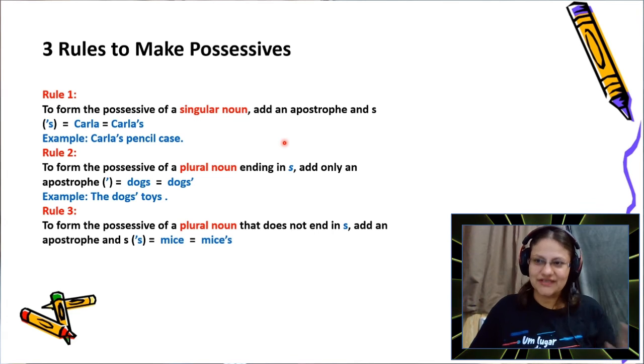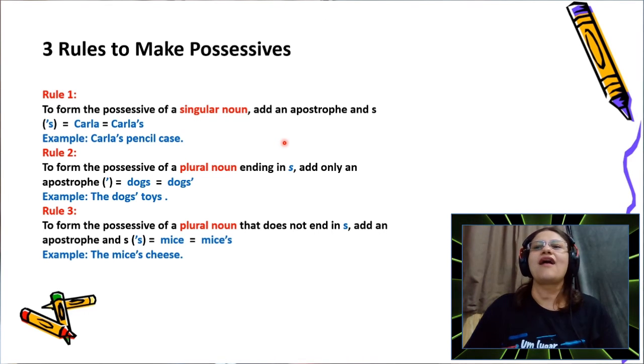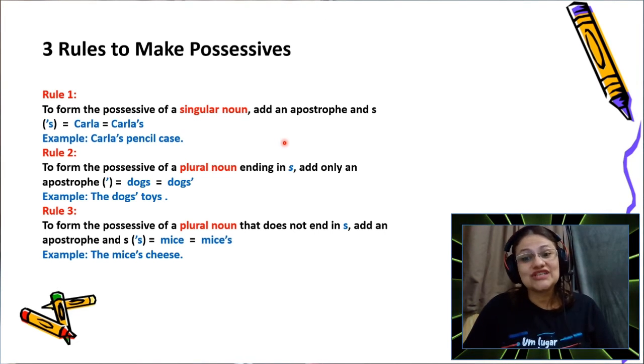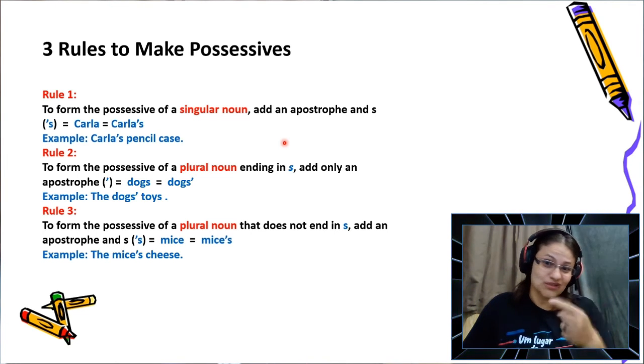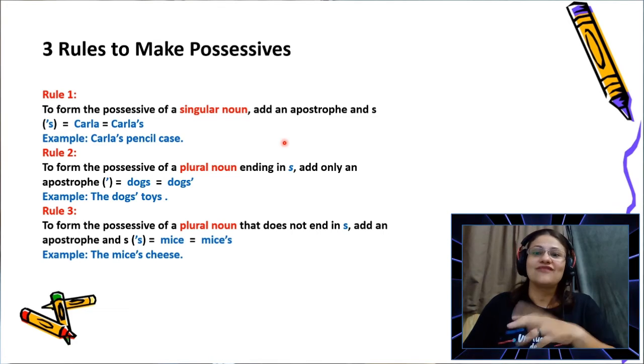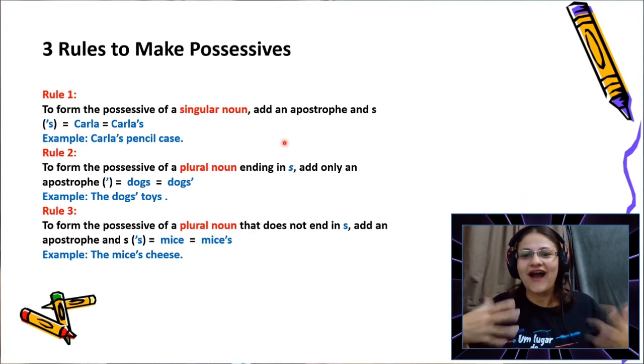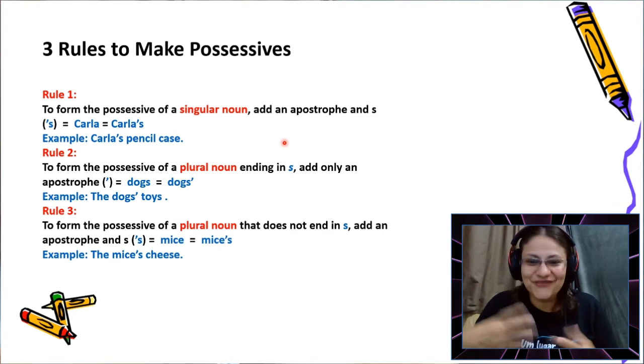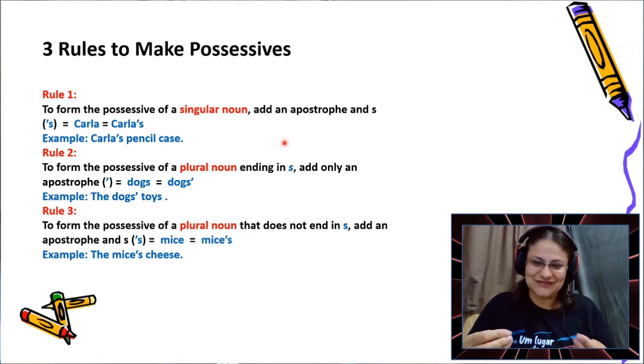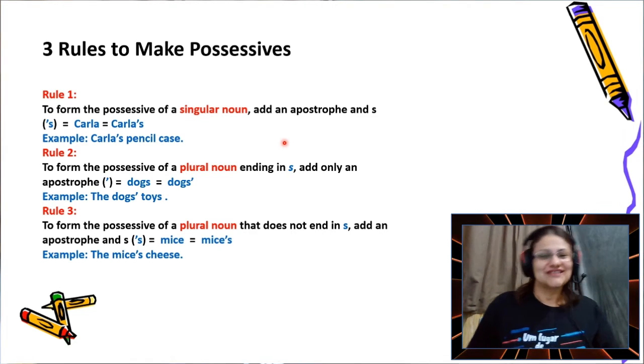Understand? In this example here, I have the mice's cheese. I have 1 piece of cheese, 1 slice, I don't know. And I have a lot of mice fighting with each other for this piece of cheese. So the mice's cheese.